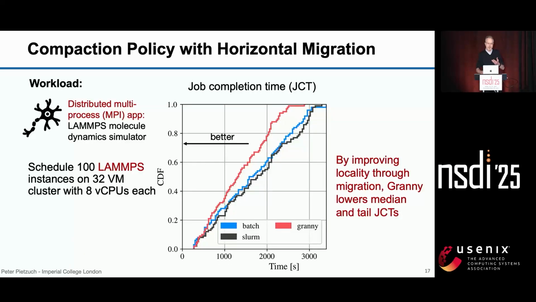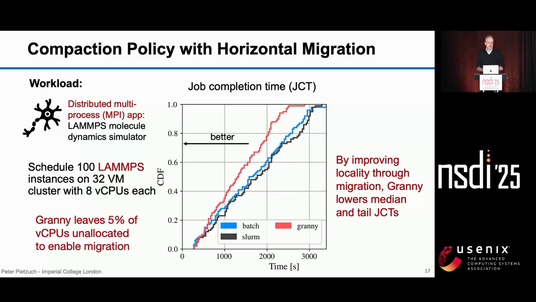When we now compare this to Granny with dynamic migration, we see that it achieves lower median and tail job completion times. The reason for this is that it can dynamically shift granules around and therefore remove fragmentation, which helps with overall application performance.